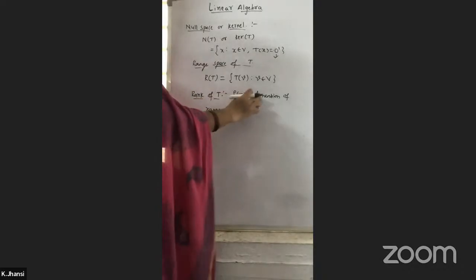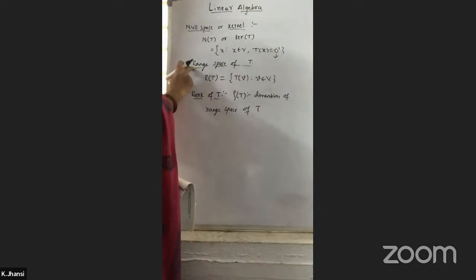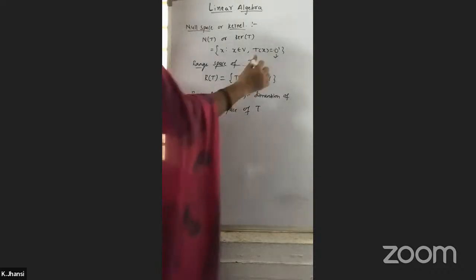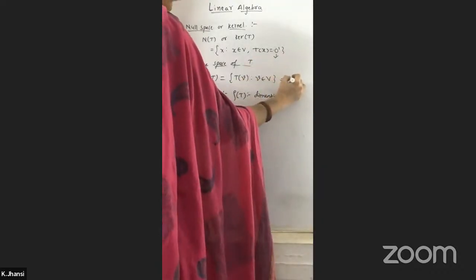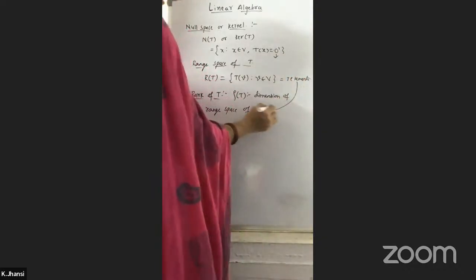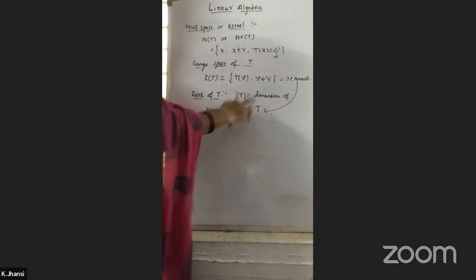Rank of T is dimension of range space of T. So in range space, whatever the range set is there, how many elements are there in that, that is called the rank of T. If you think here in this set, if you have 3 elements, then rank of T is 3. Okay. In this, if we have 2 elements, then the rank of T is 2.